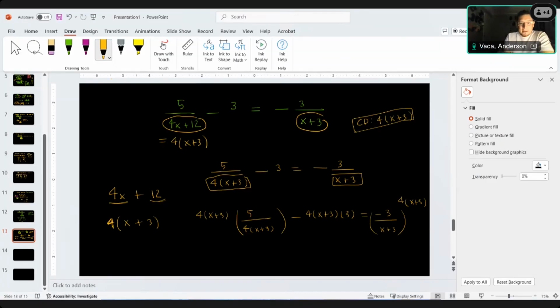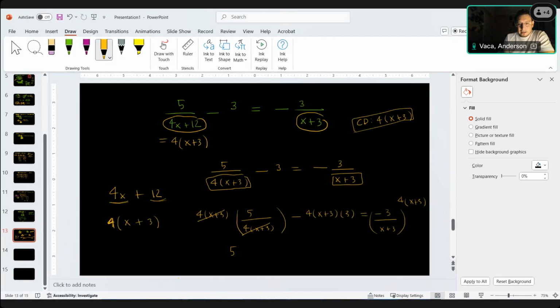All right, so what happens? The 4x plus 3 and the 4x plus 3 just cancel each other out. Here, and be very careful, we have negative 4 times 3, which is negative 12, times x plus 3. Now, when we distribute, we get negative 12x and negative 36, equal to, on this side, the x plus 3's cancel and we get negative 12.